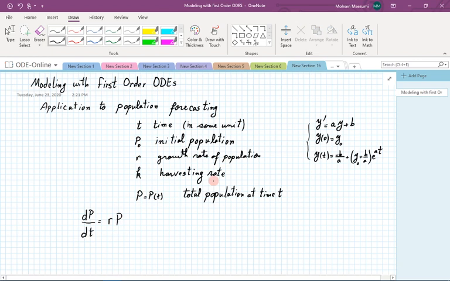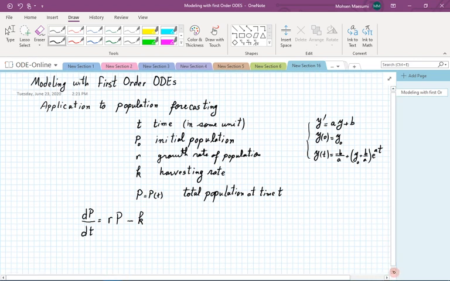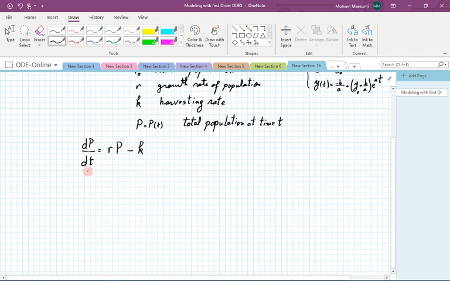If we have harvesting, then we are going to lose members of this population to that harvesting. In case we had a restocking of some sort, or some additional members coming into the society, then we'd be adding a K. So in this case, we are taking a look at the harvesting problem and seeing how that is going to influence our problem. P, as usual, at time 0 is given to us, and that is P sub 0.